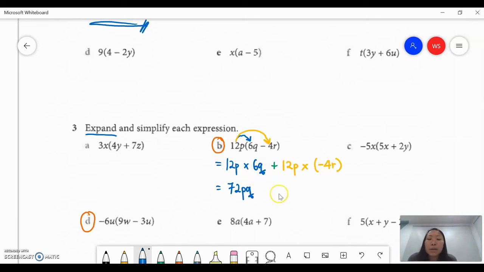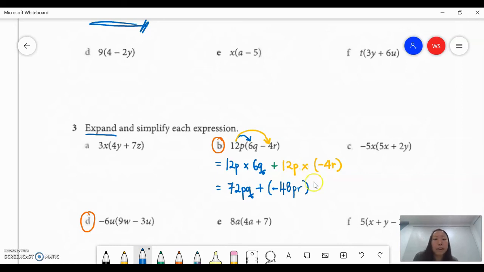Then you have plus, and then 12p times negative 4r. We have a positive 12 times a negative 4, so this will result in a negative, which will be negative 48. Then settling your letters, you have p and r.